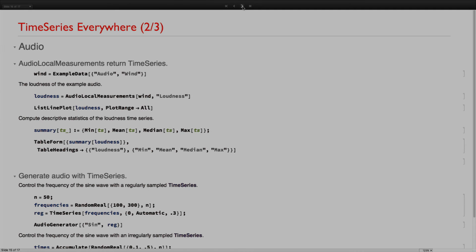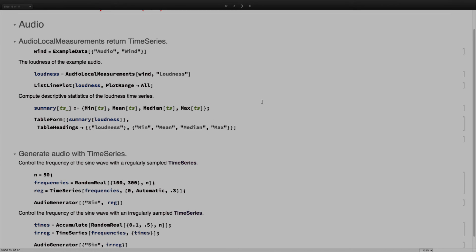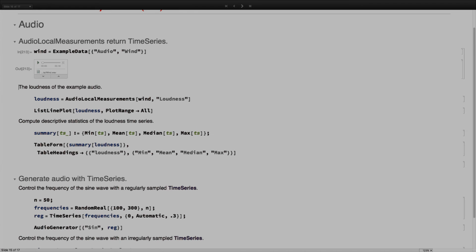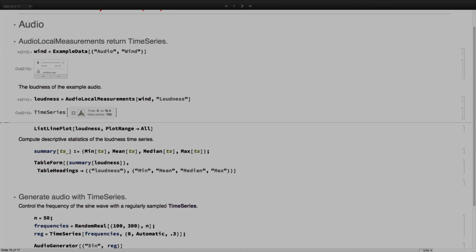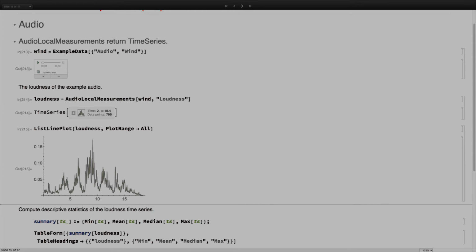I'm running out of time, but I would like to mention that there are also audio properties. So when we have the example of some audio, the local measurements for audio will often return time series. We get some sampling and it will return the time series.